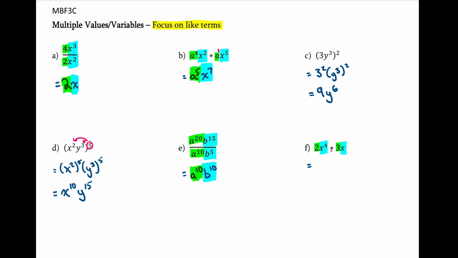I can multiply 2 by 3 and get 6. And I can multiply x to the power of 4 by x, use my power rules for multiplying, and add my exponents. Again, because I don't see anything on that x, I assume that it's 1. So I get 6x to the power of 5.